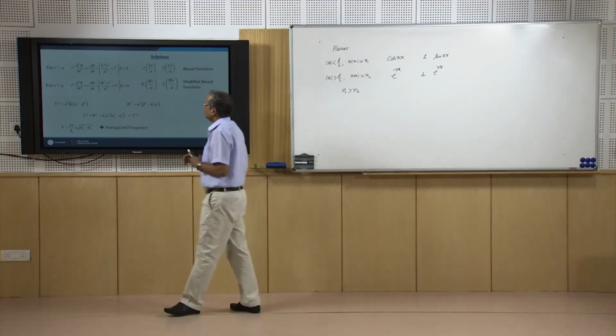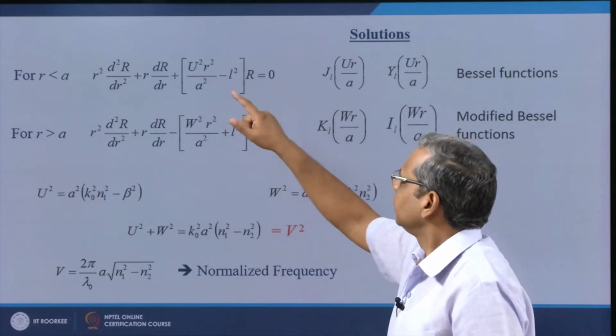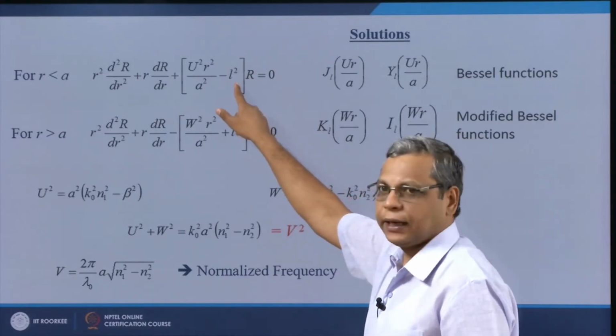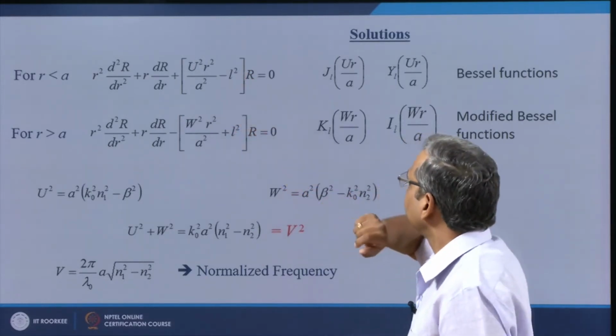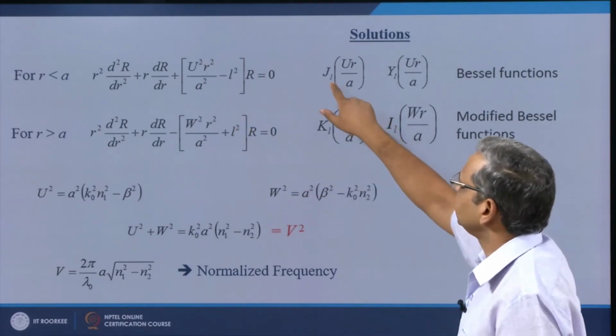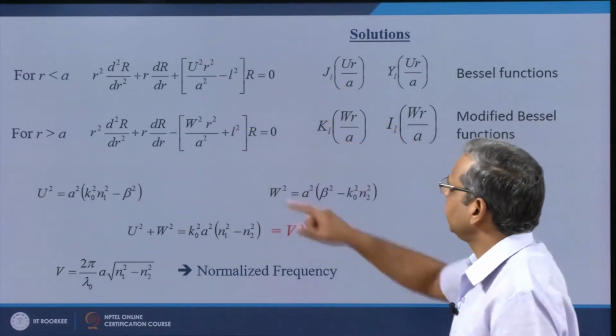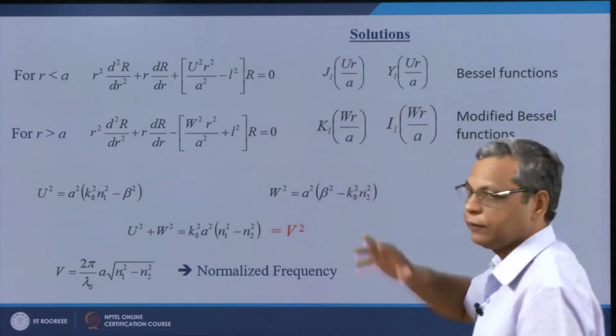Here I have sets of equations. You see this L can take several values, L is equal to 0, 1, 2, 3 and so on. So, for each of these equations I have each of these functions. For L is equal to 0 I will have j 0 y 0, L is equal to 1 j 1 y 1 and so on.